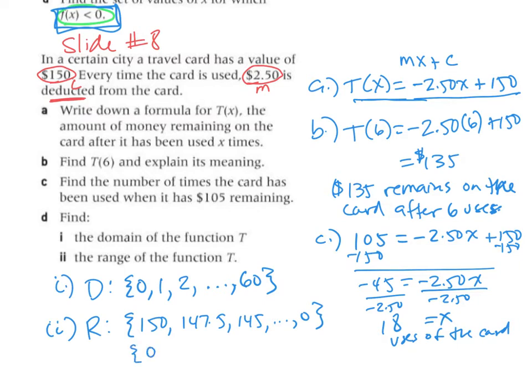So I would go 0, that's after the last use, then 2.50, that's when there's one use left, comma, up to 150. It wouldn't be wrong if you did it the other way. Both of those answers are correct. It's the same set of numbers. I just prefer the second one a bit more because it's listing your range values from smallest to largest.